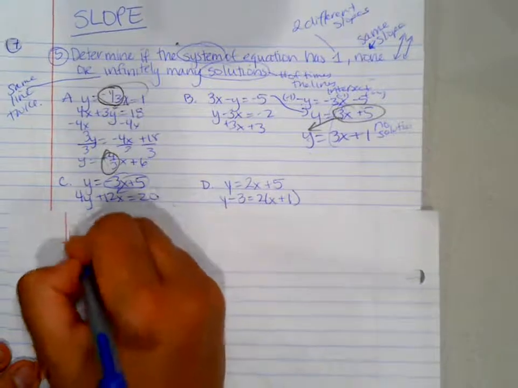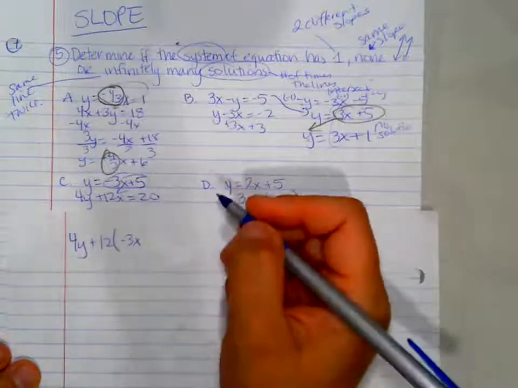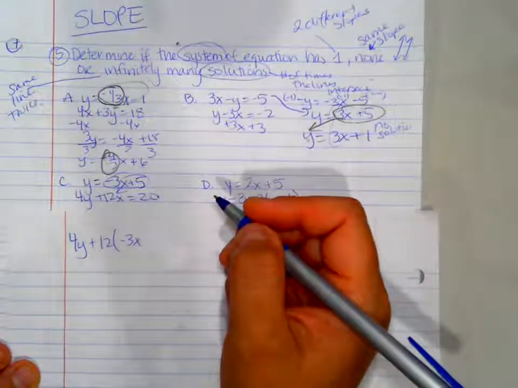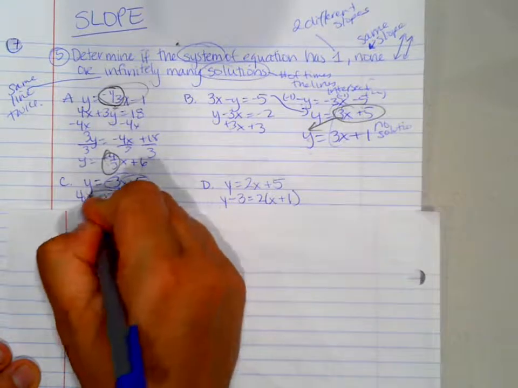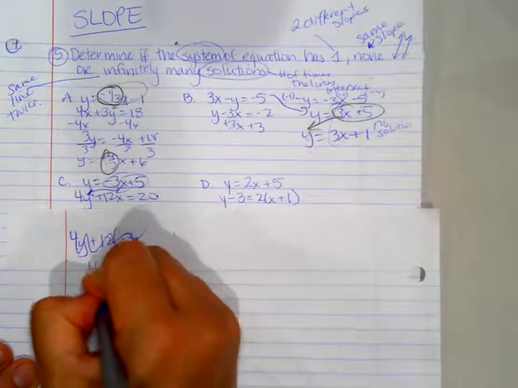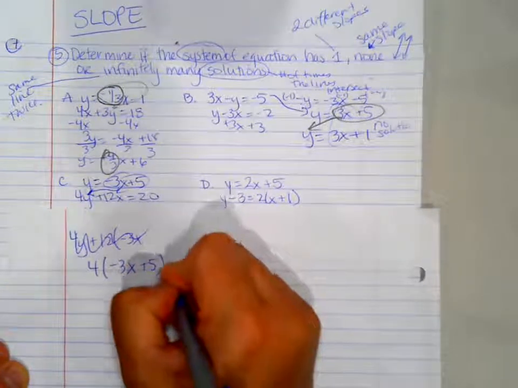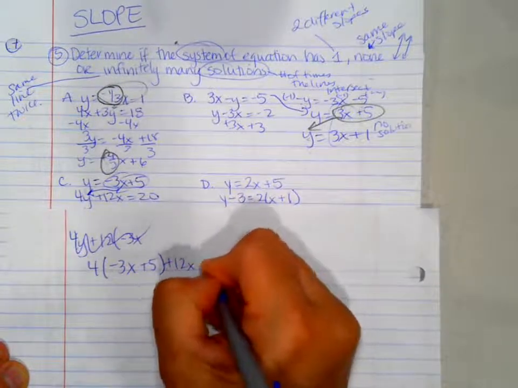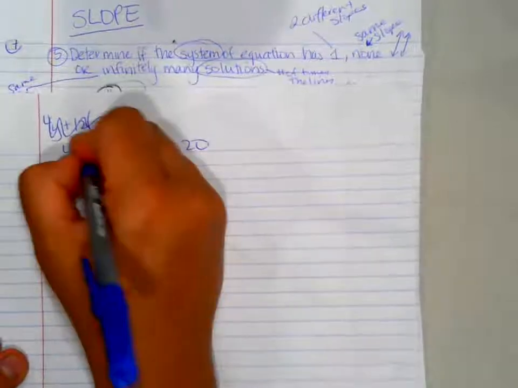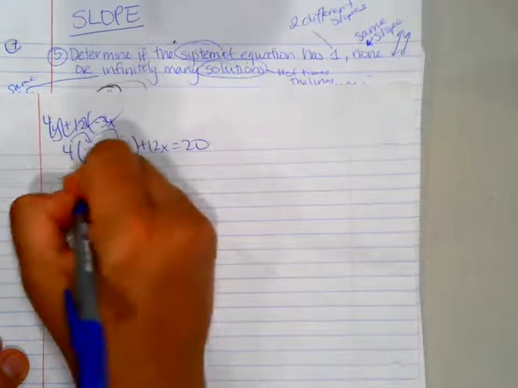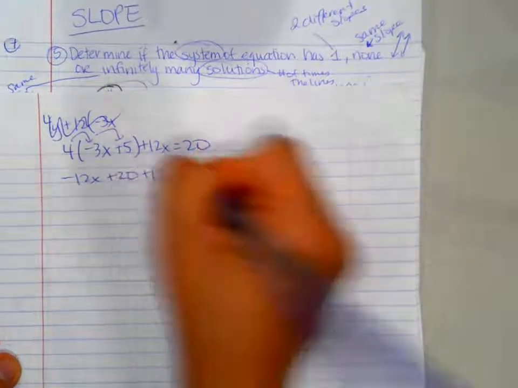Okay, so I have 4y plus 12x. Sorry, I did that wrong. I'm plugging that in for y. Okay, so I have 4 times negative 3x plus 5, plus 12x equals 20. I just substituted. And when I distribute, I get negative 12x plus 20 plus 12x equals 20.